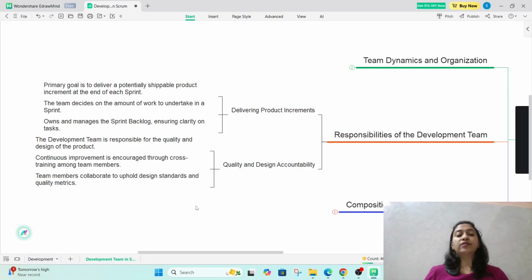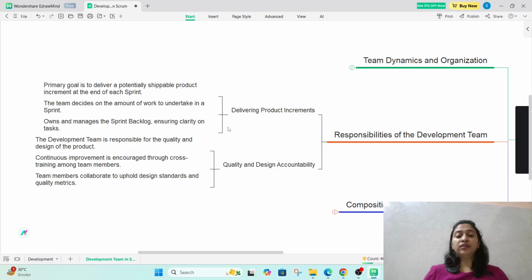The team decides on the amount of work to undertake in a sprint, and owns and manages the sprint backlog, ensuring clarity in the tasks. So these are some responsibilities the development team has in delivering product increments.